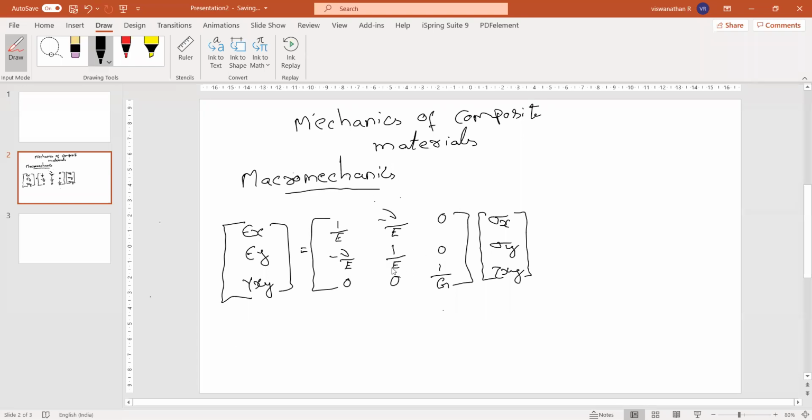Now, can anybody tell me how many independent constants are there in this? This matrix we have written for an isotropic material. So how many independent constants do you see?